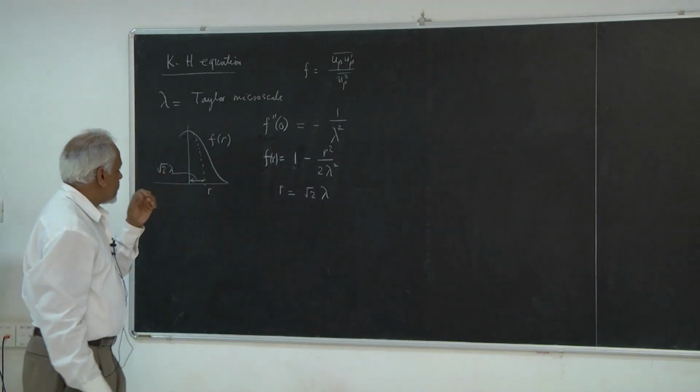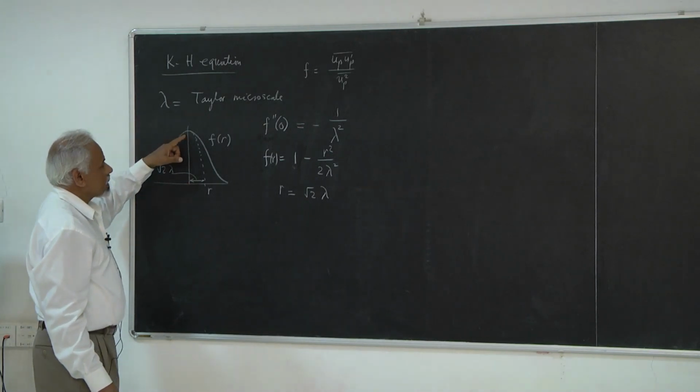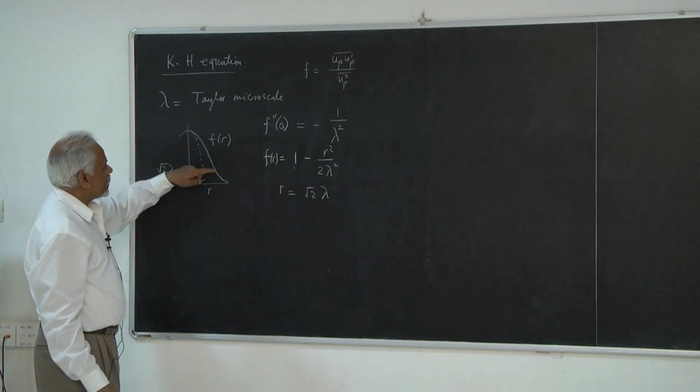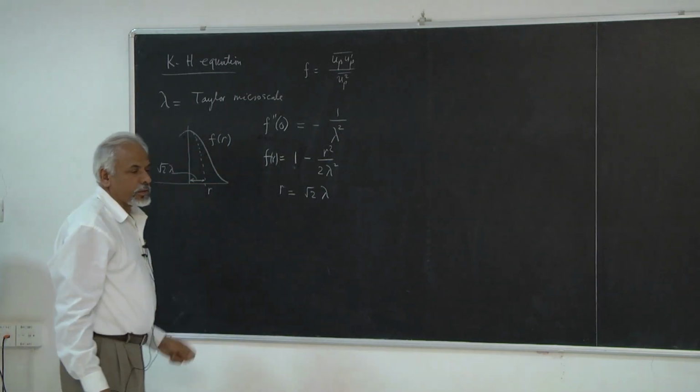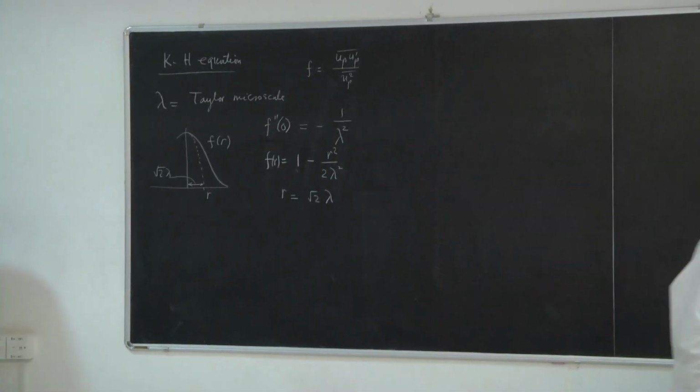So that's how I defined the length scale lambda, and in fact one experimental way of determining this lambda is to compute this function, get its curvature, and you have lambda.